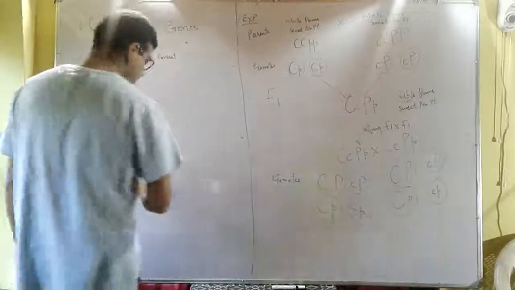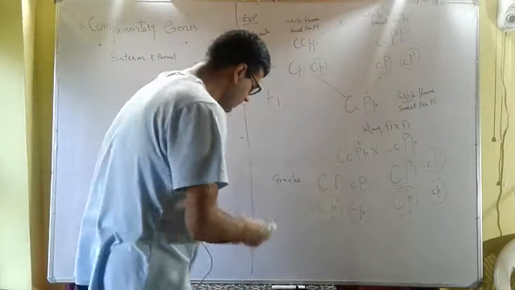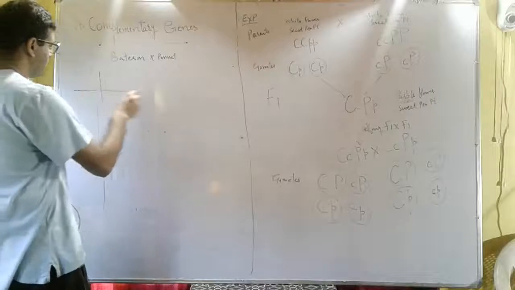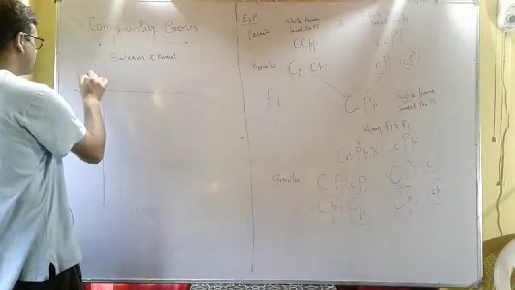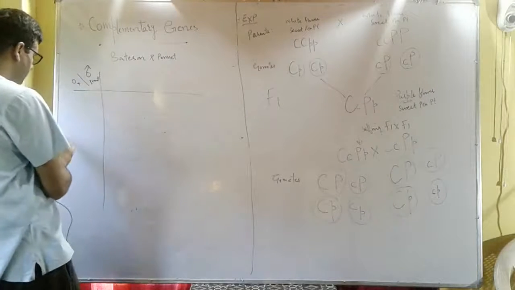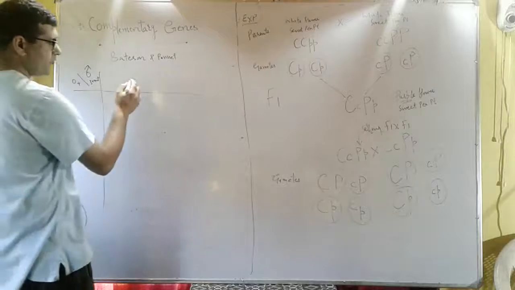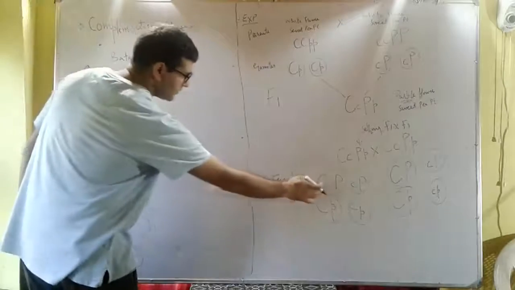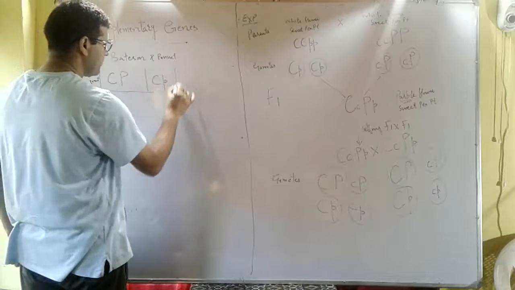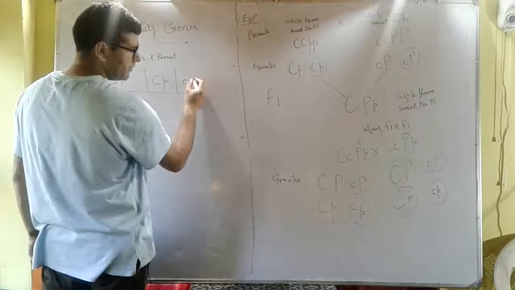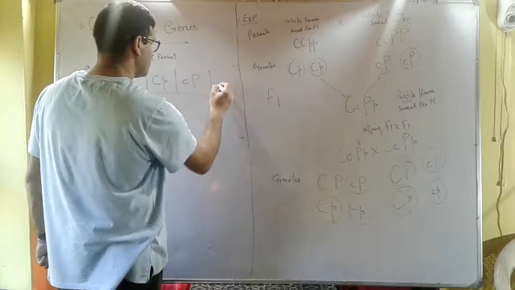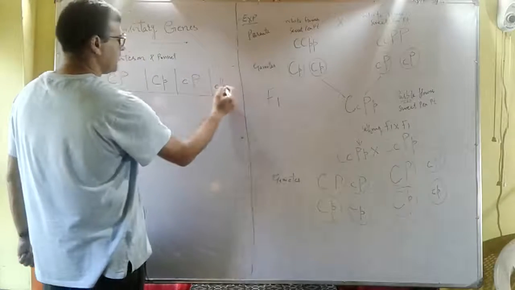Then we'll explain it with the help of a checkerboard, a Punnett square. These are the gametes, male gametes and female gametes. This would be our F2 generation. So we have capital C, capital P, capital C, small p, small c and capital P, and small c and small p.